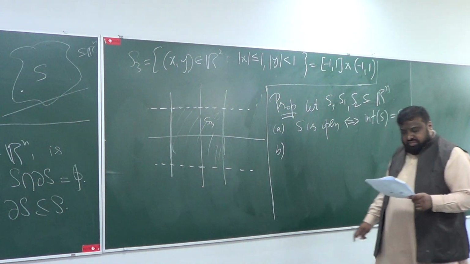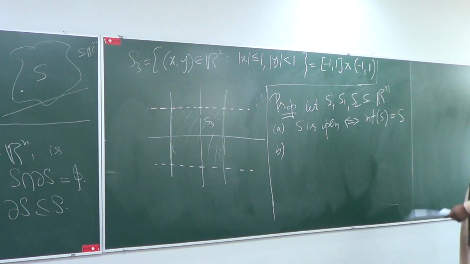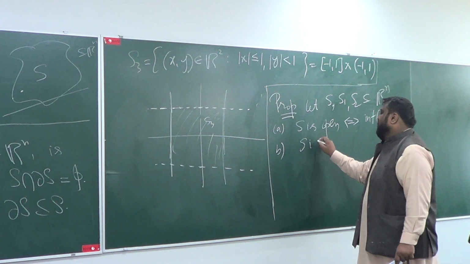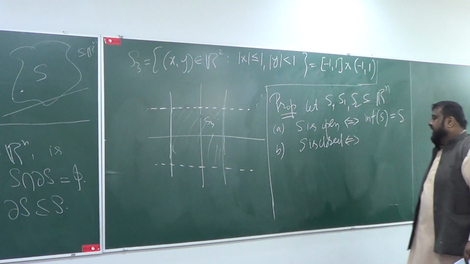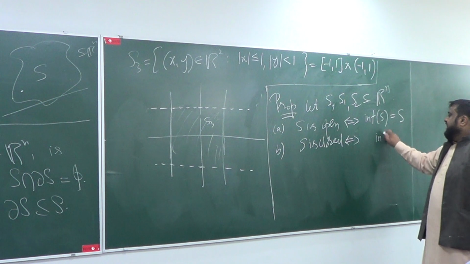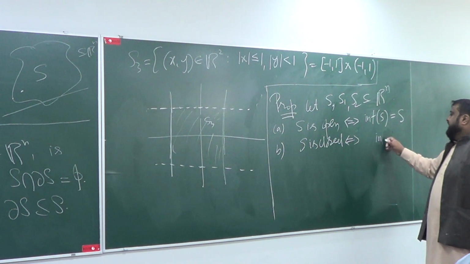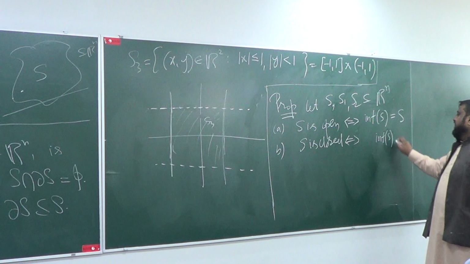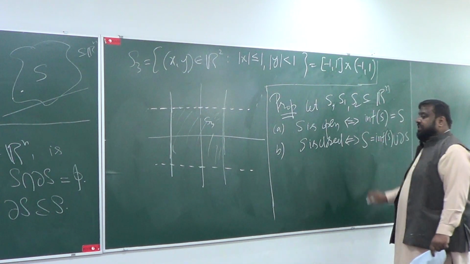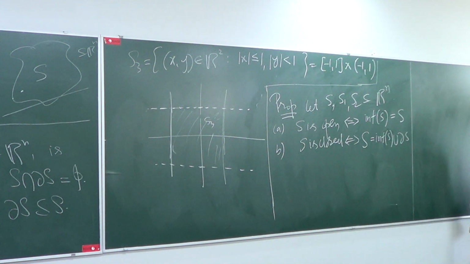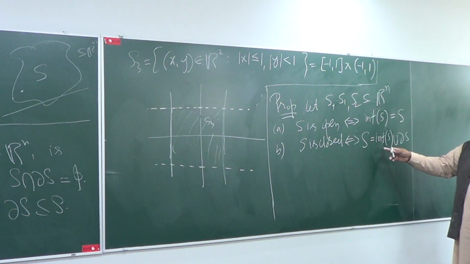The second conclusion that I would like to state is that S is closed. This was also intuitively proposed by one of the guys, who said that if you take the interior of the set and you put the boundary into it, you should get the set. So if a set is closed, then you can construct it by adding the boundary and the interior.